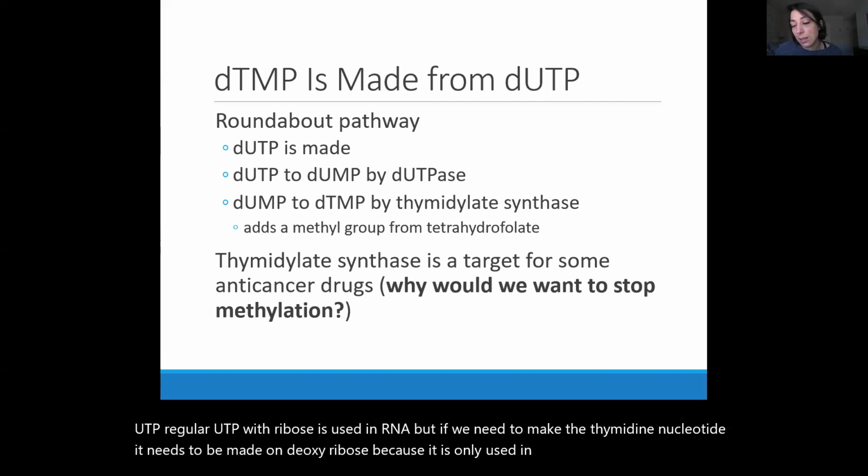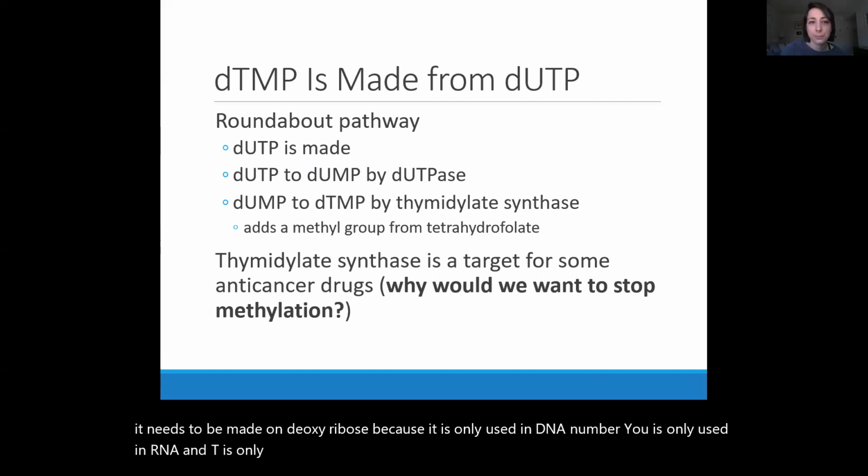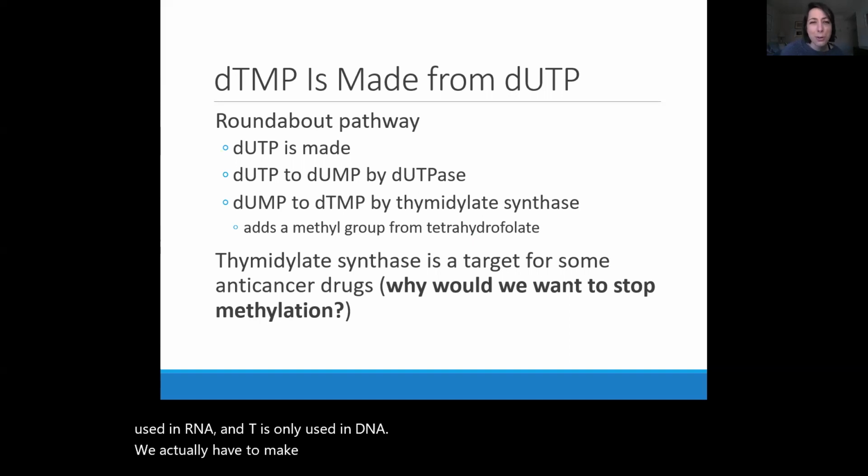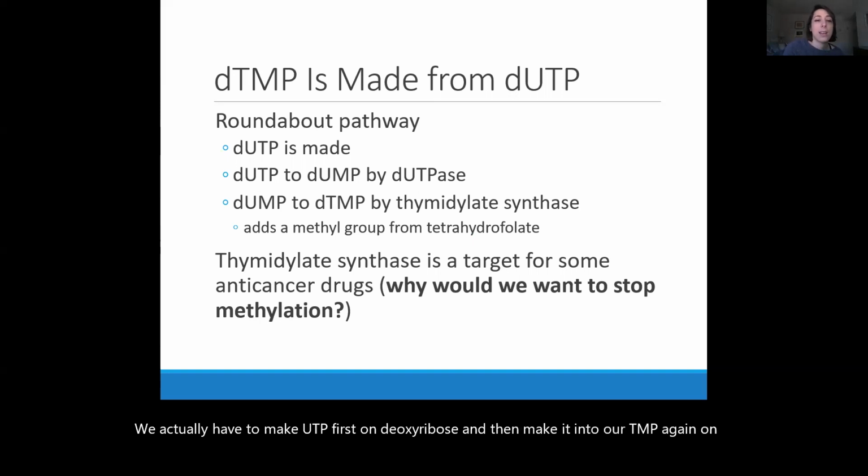Remember, U is only used in RNA and T is only used in DNA. We actually have to make UTP first on deoxyribose and then make it into our TMP again on deoxyribose. So it is in this very roundabout way.